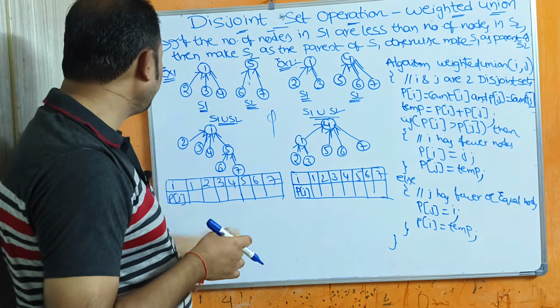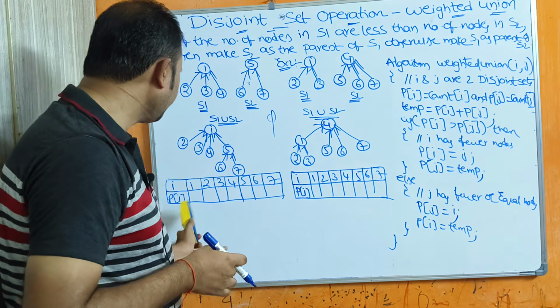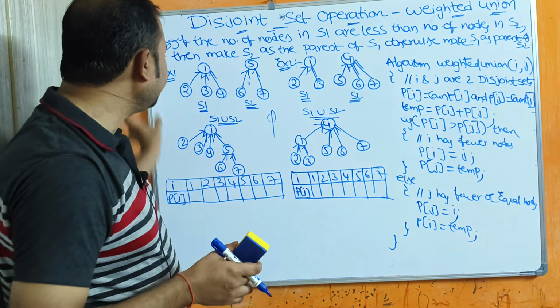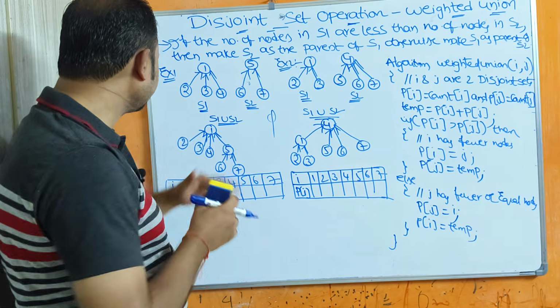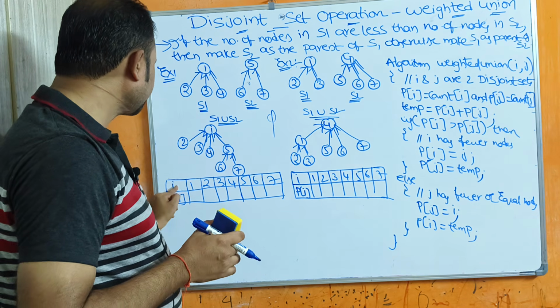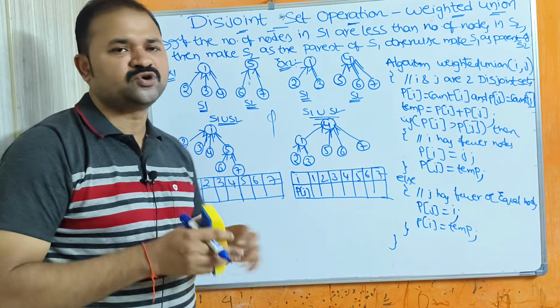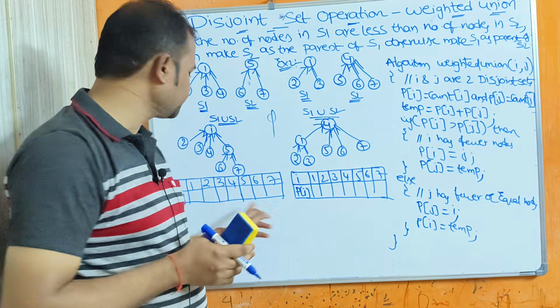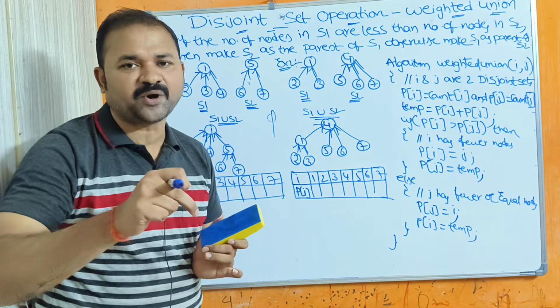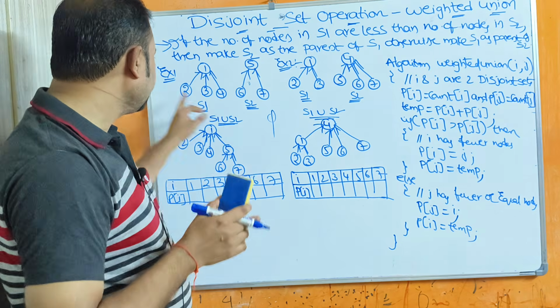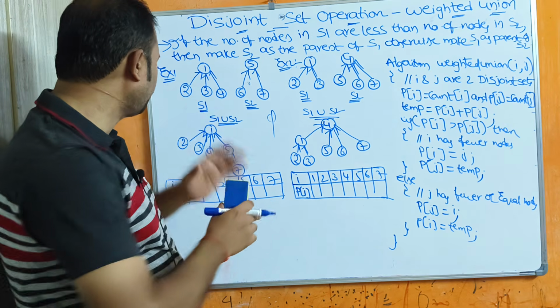Now let us see with the help of a diagram. Here what we are doing is maintaining each node's parent information. So here we have I, which represents all the nodes' information. We have 7 nodes from 1 to 7, and P of I represents the parent of the ith node. Here the parent of 2, 3, 4 is 1.